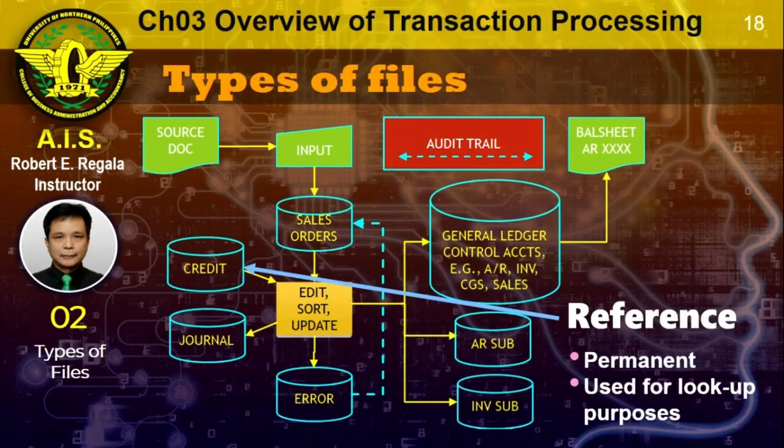A familiar example is a point-of-sale terminal, where the item code, entered either manually or using a barcode reader, looks up the item description and price from a reference file stored in the system. Another example of a reference file is the credit table, which contains credit data related to a customer, such as credit rating and credit limit, which are referred to every time a particular customer makes a sales order.